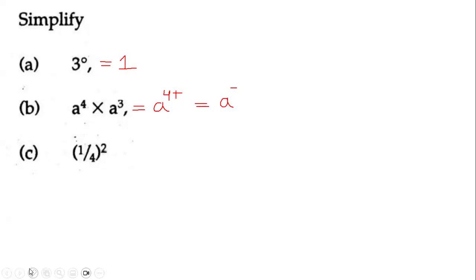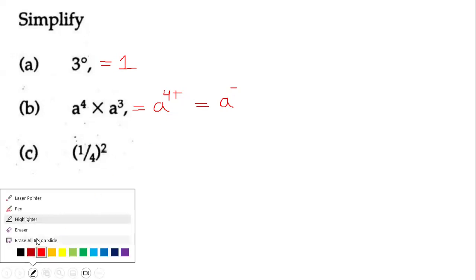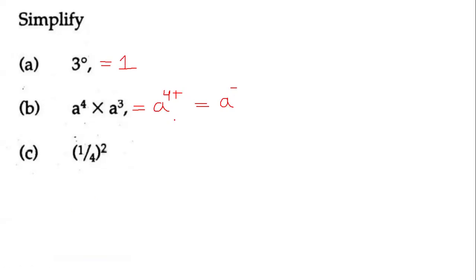I was just testing y'all, to make sure. So 4 plus 3 is what? 7. Like I said, if it has the same base and you're multiplying, you add the powers.